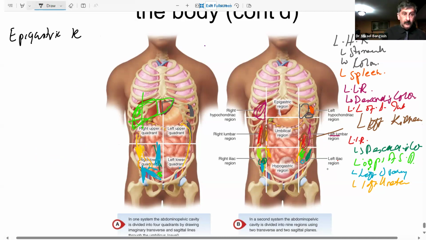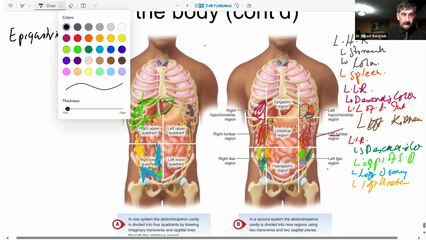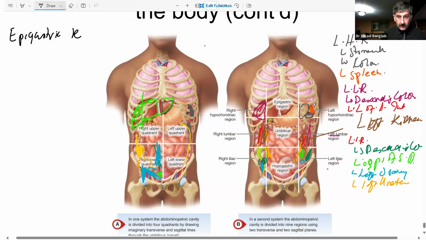And what we mainly find in that is primarily going to be part of your stomach.